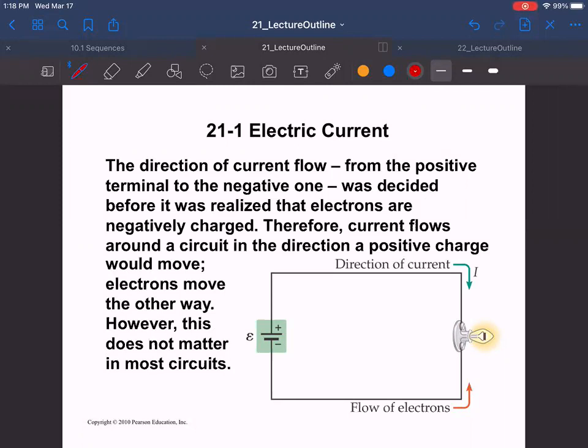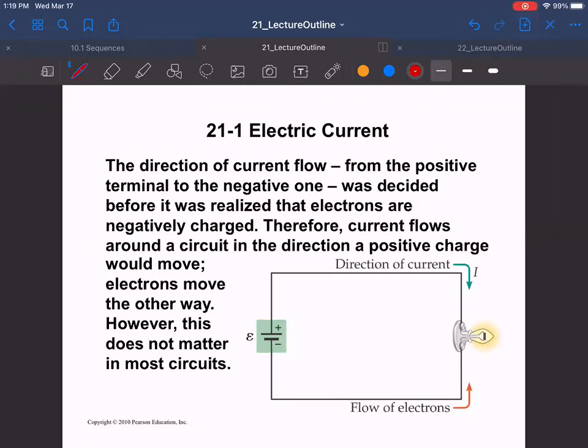You have to worry about current, sometimes called conventional current, which we treat as the flow of positive charges from the positive side to the negative side. And then we have actual electron flow, because we found out that the charge carriers are actually the electrons, they are the negative ones, and they flow from negative to positive.